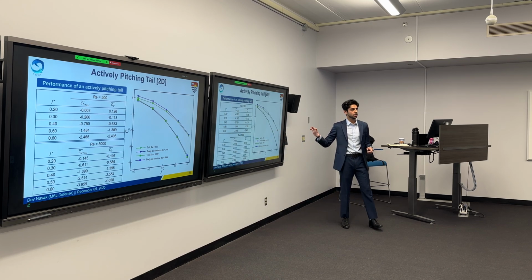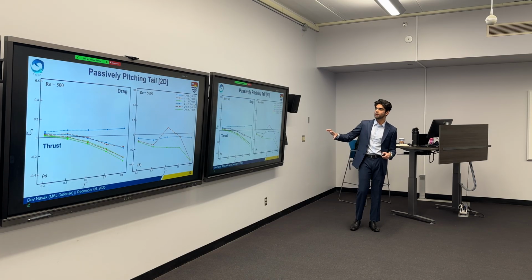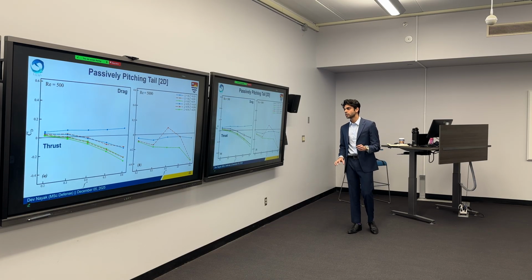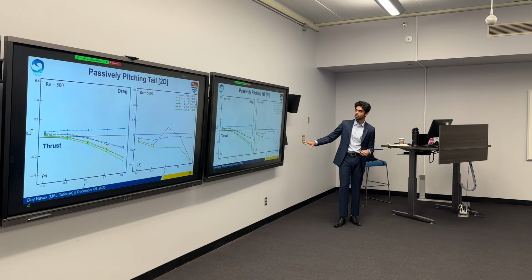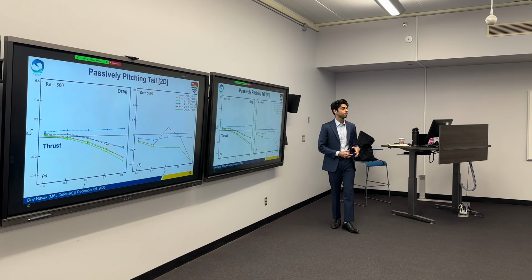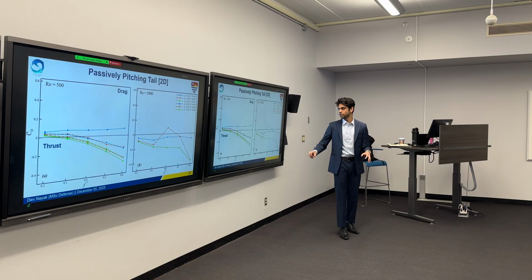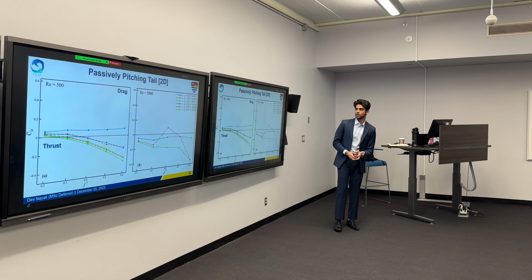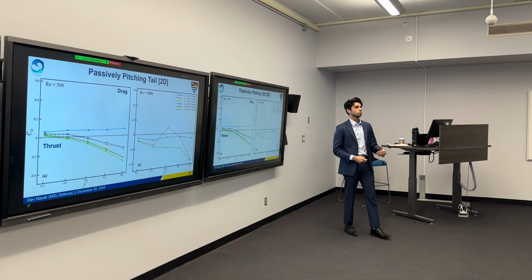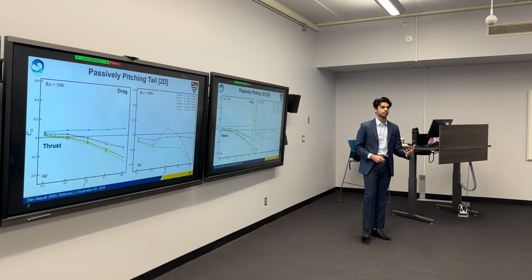Now, when we compare this with what we observe in passively pitching tails, here we see a much more scattered plot, firstly, at Reynolds number 5000, but when we look at Reynolds number 500, we see a trend, which is with increasing the Strouhal frequency, and if you look closely, with increasing the damping ratio and the moment of inertia, we do tend to move towards the thrust dominant region.